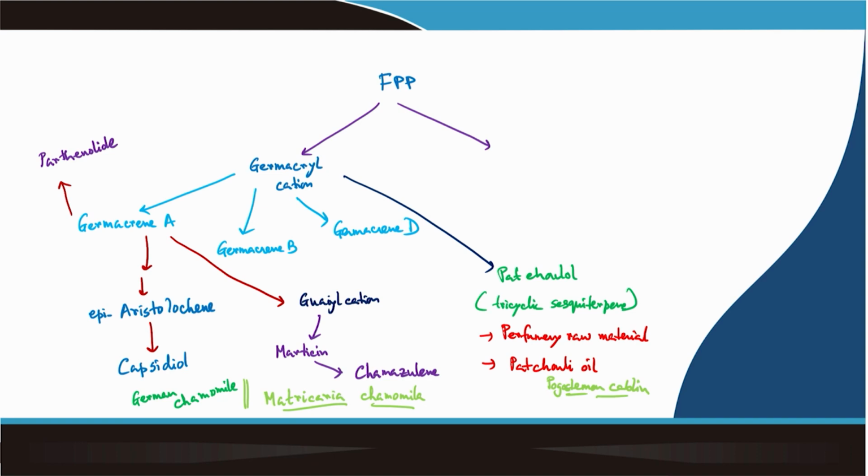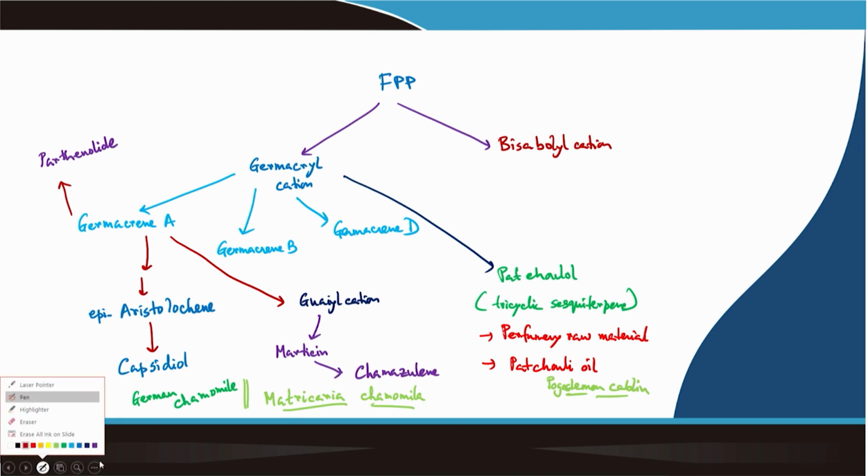Okay. Now, from FPP another cation formed, which is called bisabolyl cation, and from bisabolyl cation two different routes originate.